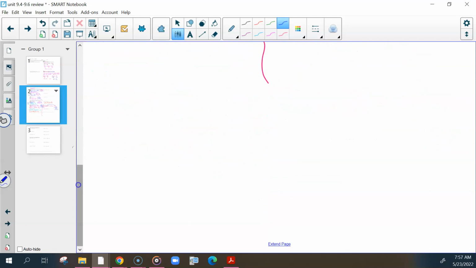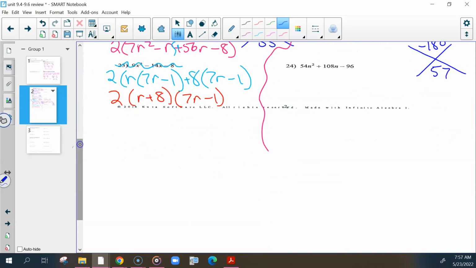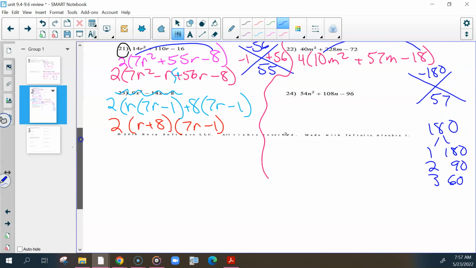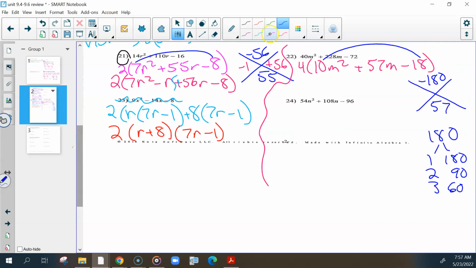I don't know all of the factors of 180, so I'm going to start listing them out. Let's see, 1 and 80, 2 and 90, 3 and 60. So negative 3 and positive 60 would be our two numbers.